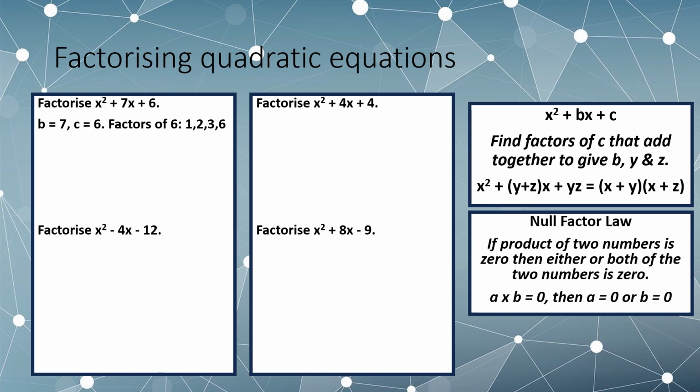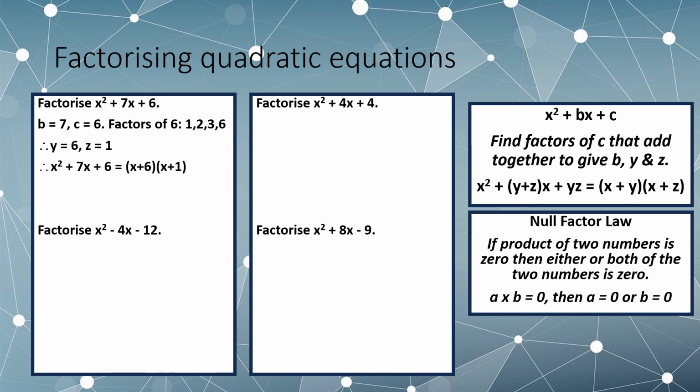Obviously they need to be a factored pair, so 2 and 3, 1 and 6. We know that 1 plus 6 equals 7. Straightforward, I know, but we need to double check. Therefore, our y value is 6 and our z value is 1. This gives us x squared plus 7x plus 6 factorized down into x plus 6 multiplied by x plus 1.